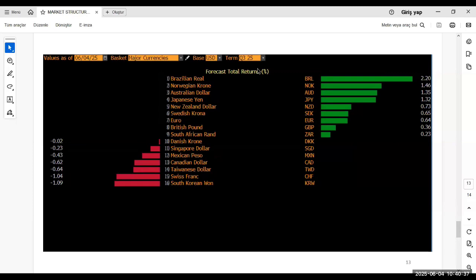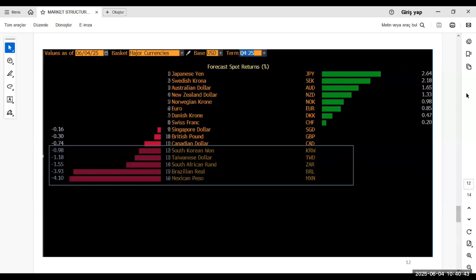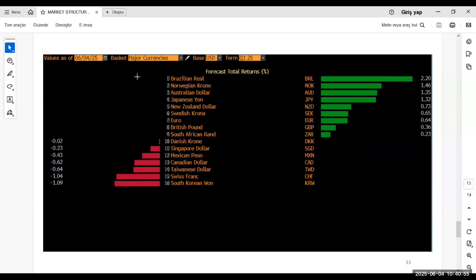And now, please look not at the emerging market, but at this one. This is forecast spot return. Okay, this is forecast spot return for major currencies for the last quarter of 2025. And now, if I take forecast total return, please look at this one.